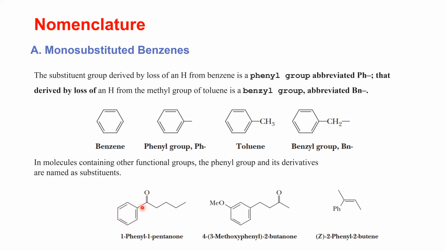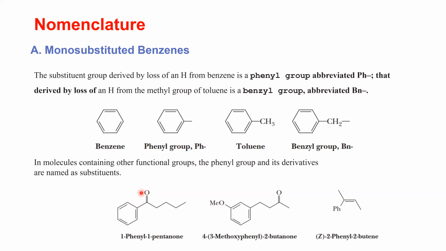When there is a joining, we always give the lowest number to the carbon joining the other substituent in the hybrid or mixed structures where there is an aliphatic and a cyclic chain. So this is 1-phenyl and this is 1-pentanone, because this is a ketone.